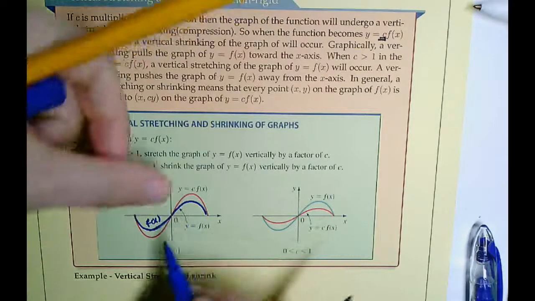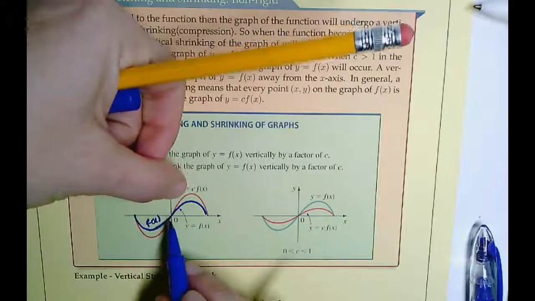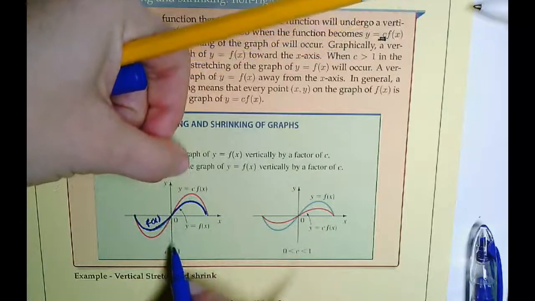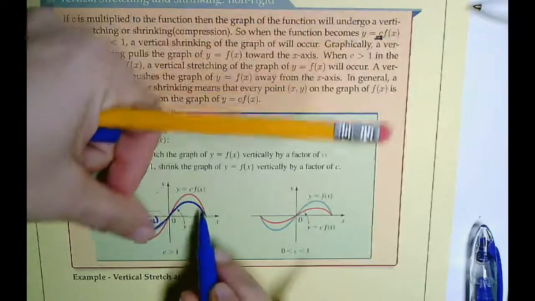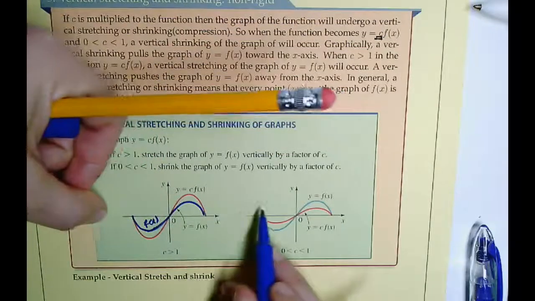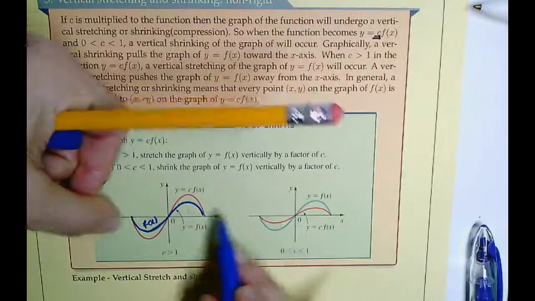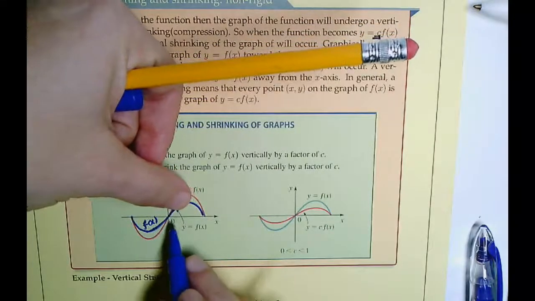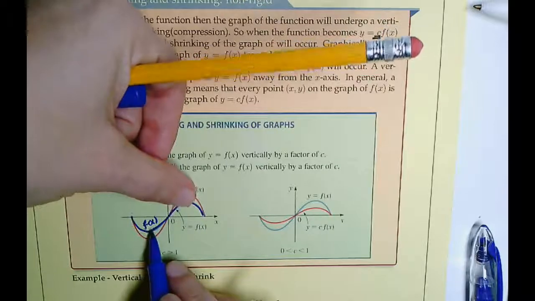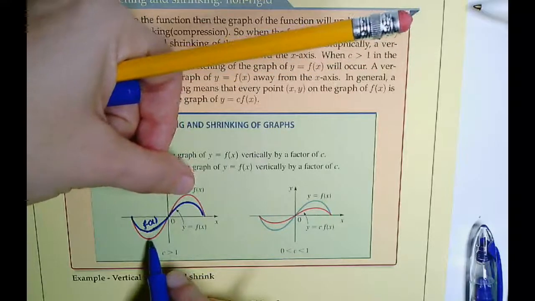So you take this blue graph and you just stretch it vertically. I'm not stretching it horizontally. It's like a wire or an elastic, and I stretch it.